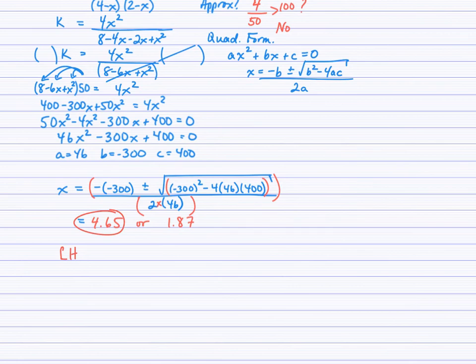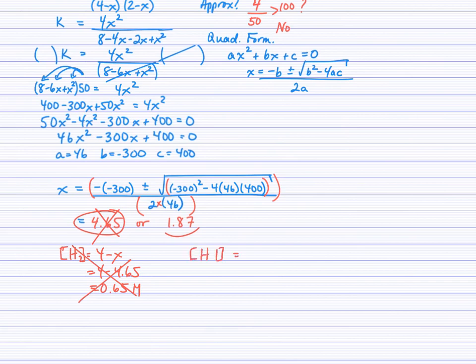The concentration of H2, even though we weren't asked for it, is calculated by 4 minus x. Aren't we going to end up with a negative concentration if we plug that in? We will, right? And so this can't happen. The concentration at equilibrium has to be positive. So 4.65 is inadmissible, which means that x equals 1.87 is our answer for x.